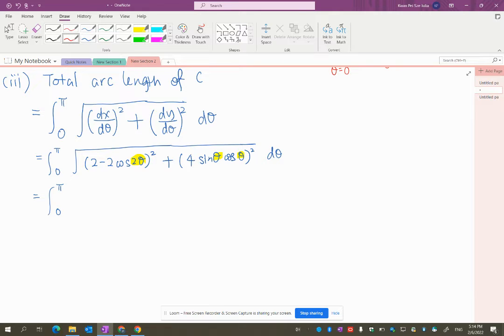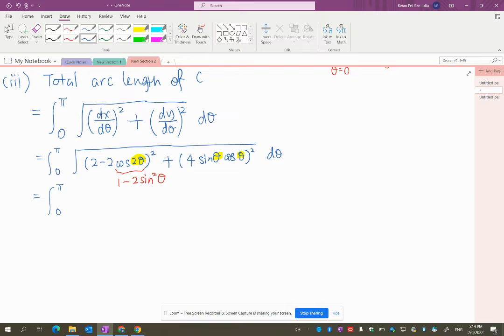The manipulation is the same as what we did in part 1. We use the double angle formula. This part here, we will either replace it with 1 minus 2 sine squared theta, or some of you factor out the 2 and do the same.